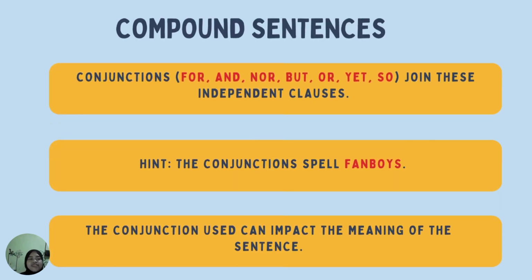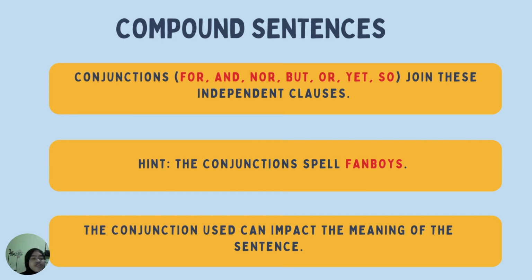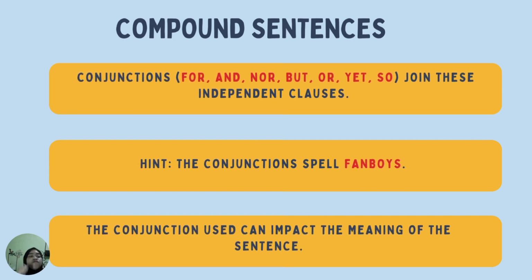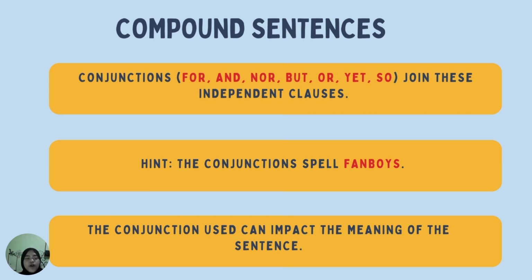In compound sentences, there are conjunctions. The conjunctions for, and, nor, but, or, yet, so join these two independent clauses. Connect the two independent clauses in the compound sentence.